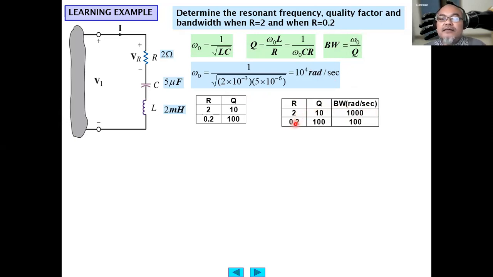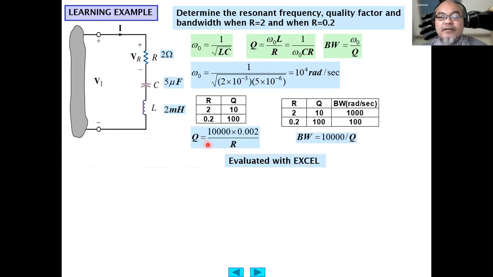When R is 0.2, the quality factor is 100, and the bandwidth is 10,000 divided by 100, equals 100 radian per second. So we see here, when the resistor is smaller, the quality factor gets higher and the bandwidth becomes smaller. It means that the bandwidth becomes sharper.